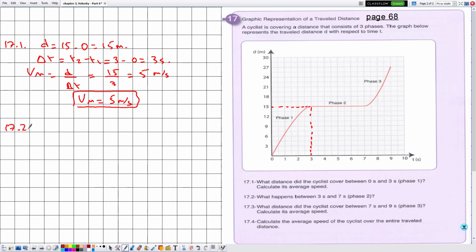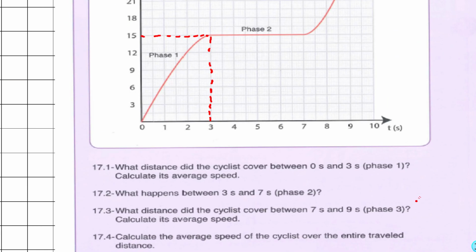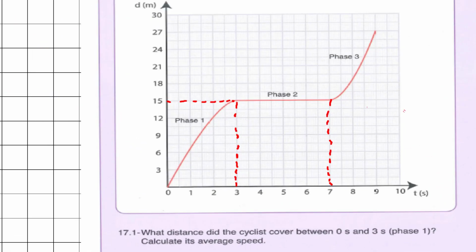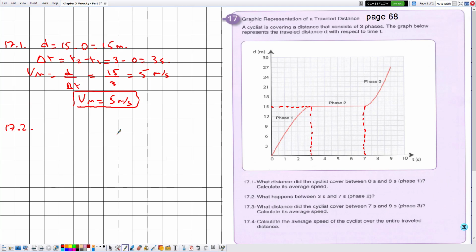Now in 17.2, they are asking me what happens between 3 seconds and 7 seconds. So between 3 seconds and 7 seconds, notice that as time evolves from 3 to 7, the distance d is constant, which means that the cyclist is not moving.